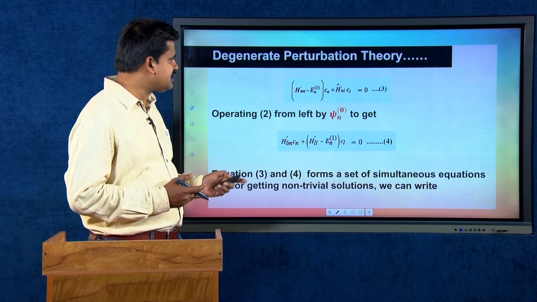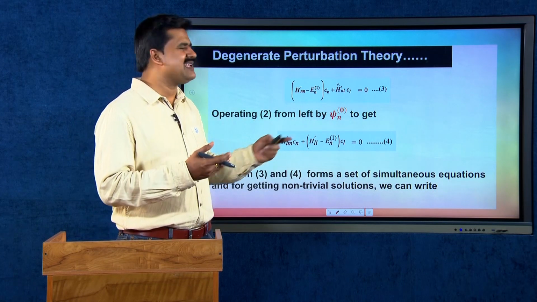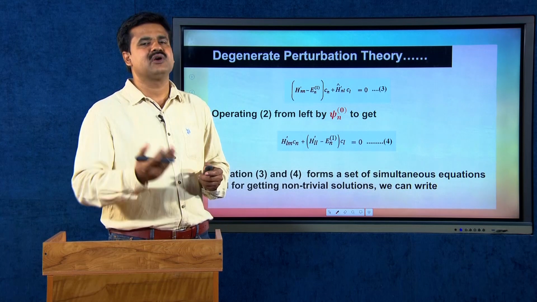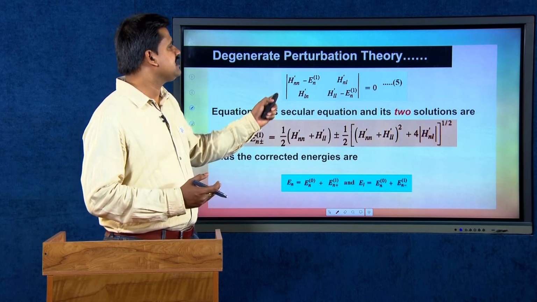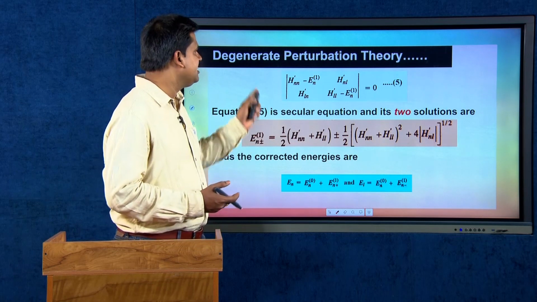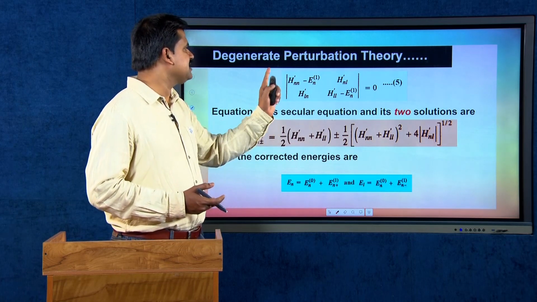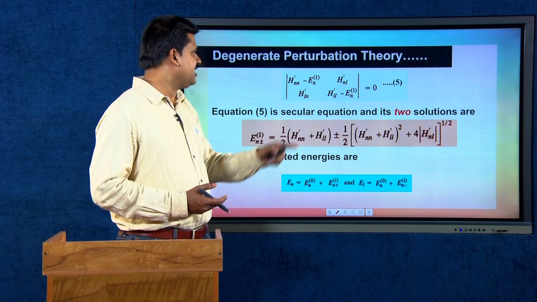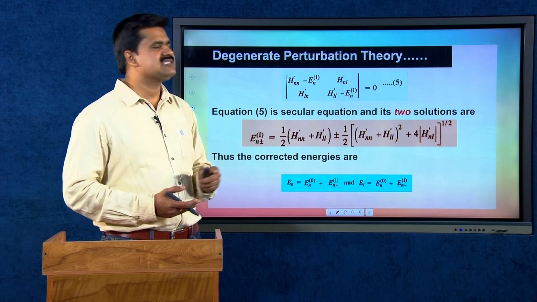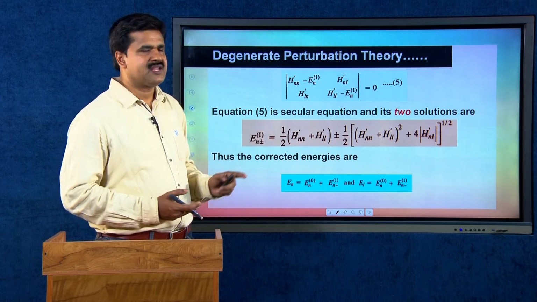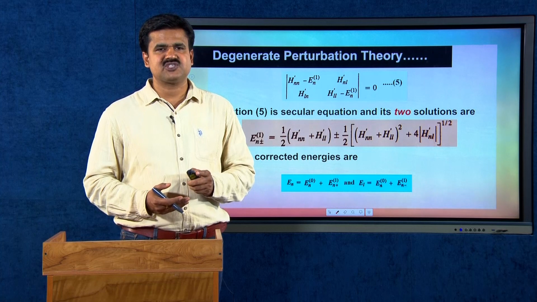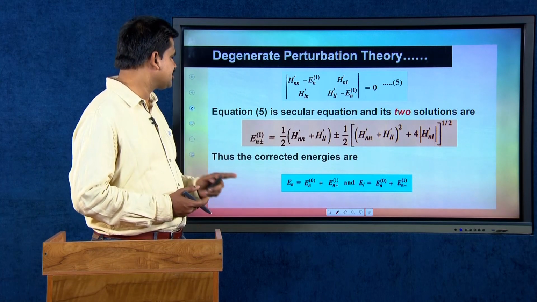This simply means that we clubbed equations 3 and 4 to get a new equation, and for a non-trivial solution, we write this determinant equal to 0. That is, the determinant with H dash nn minus En1, H dash nl, H dash ln, H dash ll minus En1 is equal to 0.